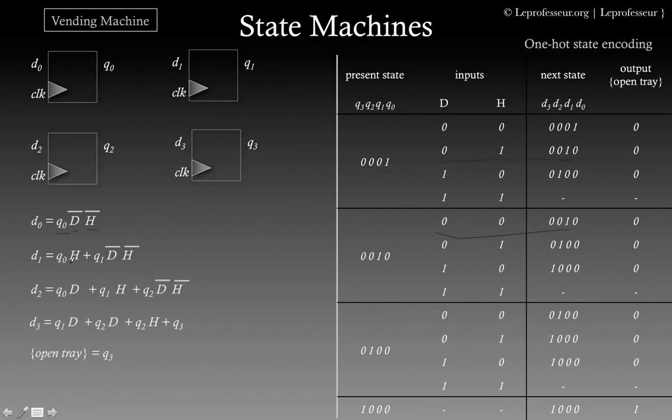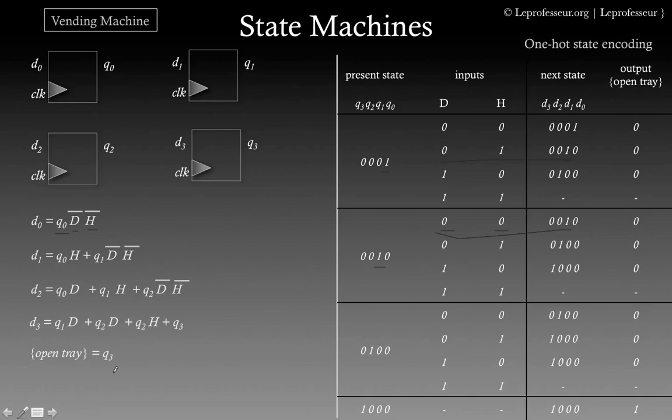So we get Q0H, plus for this second line, Q1 and D bar and H bar. Okay, you can solve it using Karnaugh map, but I'm just sloppy here, so quickly did it that way. But if you're gonna use Karnaugh map, you're gonna end up getting the same equation.